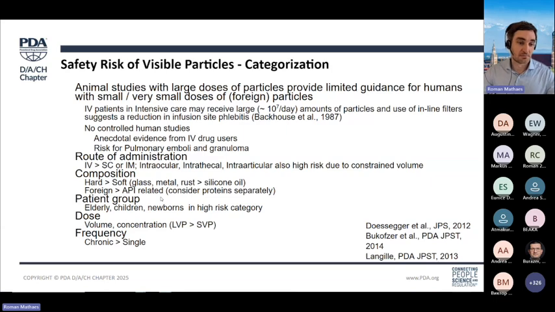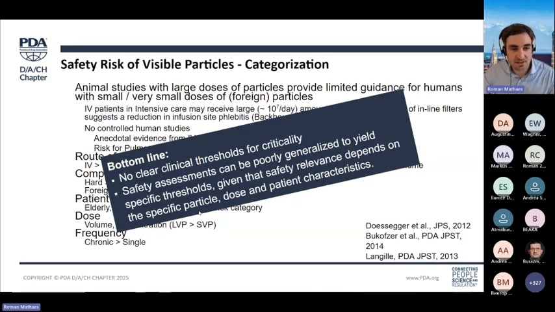Is it, for example, protein particles? Is the protein in the particle chemically modified? The patient group, the dosing, the frequency. So I think it's very clear in the summary, we can say that no clear clinical thresholds for criticality can be given. However, we need to perform product-specific risk assessment, considering all these factors.